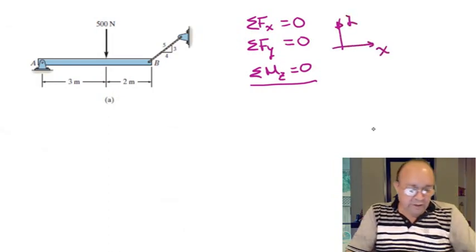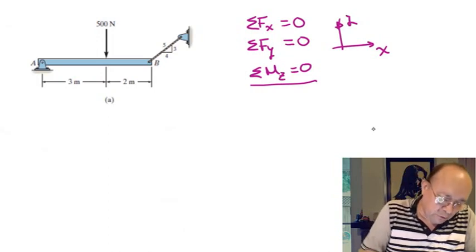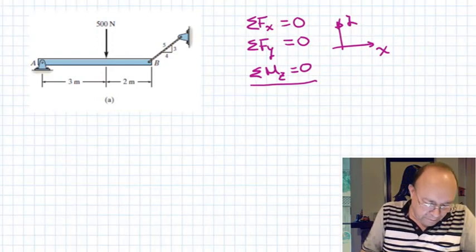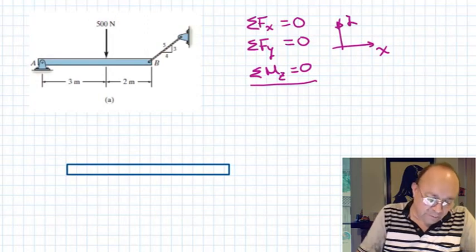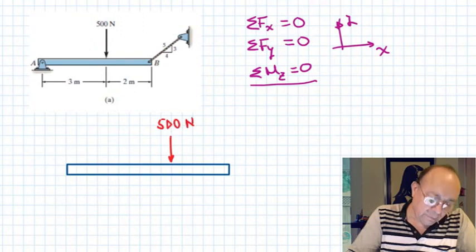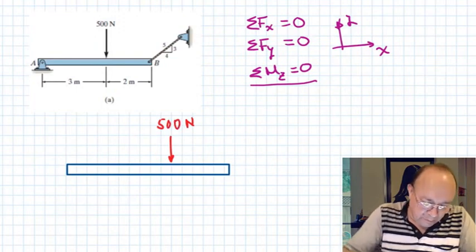Okay. In order to do the analysis, what we have to do is make a drawing of the beam, and we apply all the forces that are acting on the beam. So the forces will be a 500 Newton force here, and the force that this cable applies here.